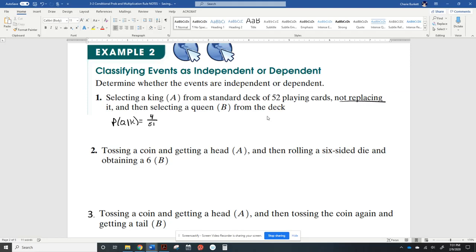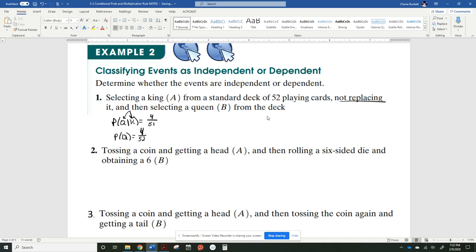And so when we compare the probability of drawing a queen, given that it's a second card, that's not the same thing as just drawing a queen the first time. That would be 4 out of 52. So drawing that king changed this outcome, because without drawing that king, my probability of drawing a queen is 4 out of 52.